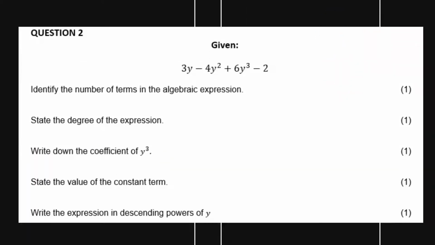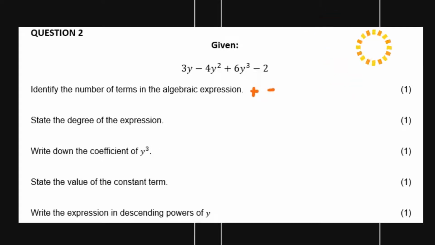In question 2, we are given the algebraic expression 3y minus 4y squared plus 6y cubed minus 2. For the first question, we need to identify the number of terms within this algebraic expression. Remember, a term is something that gets separated by a plus or a minus sign.